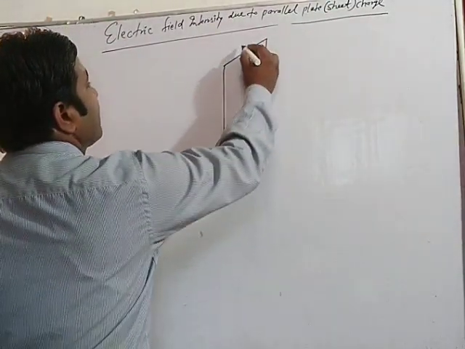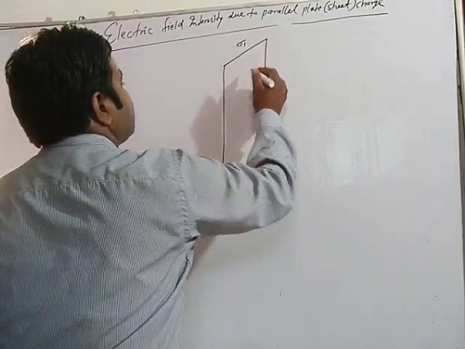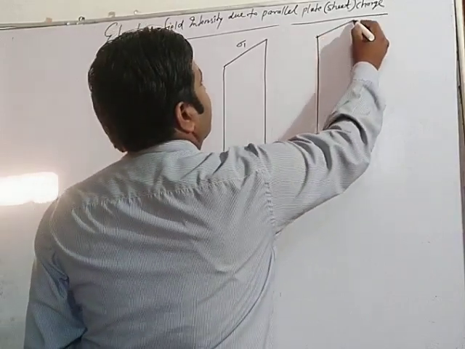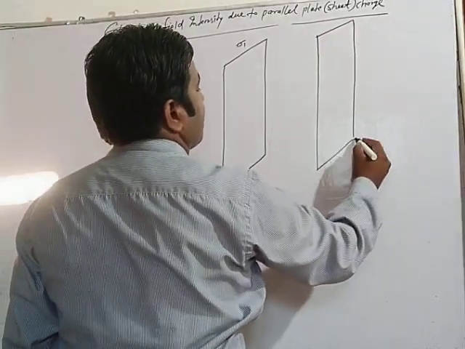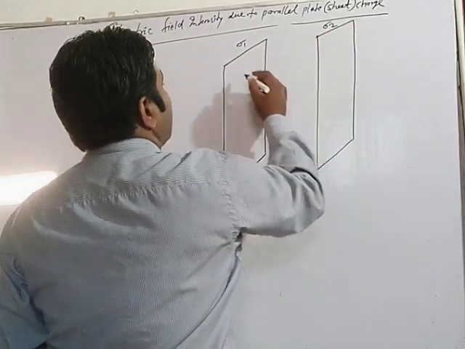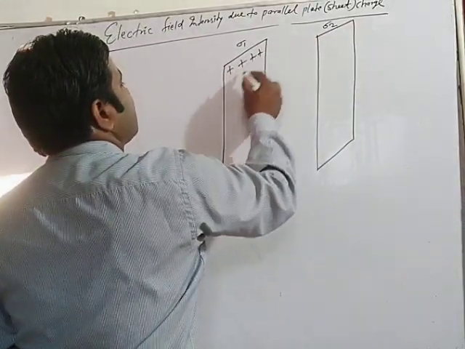This one is surface charge density sigma 1, and another is sigma 2, and both are positively charged.